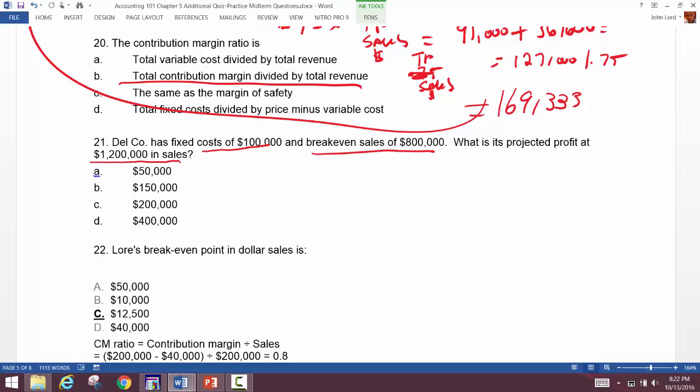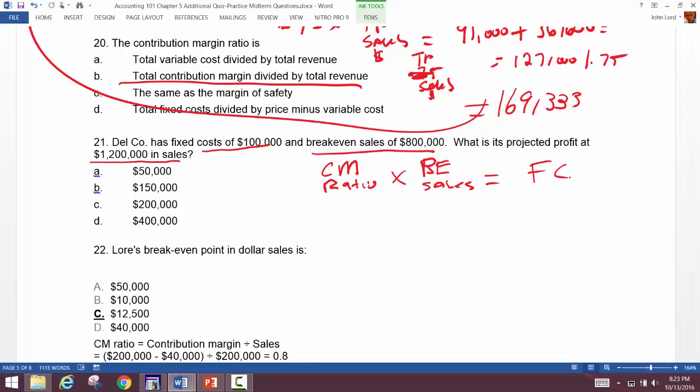Well, you're going to set every problem up the same, aren't you? So you're going to say, okay, I'm not going to panic. I know the contribution margin ratio times my what? Break-even sales equals my fixed cost, doesn't it? We've said that 52 times now, right?